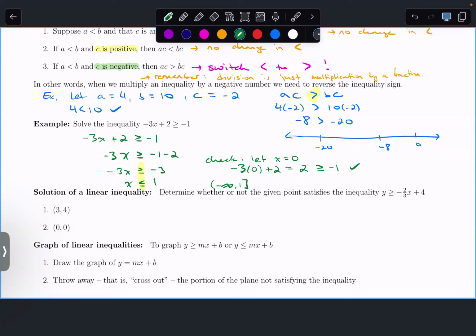All the values up to and including 1. Any questions? Okay.